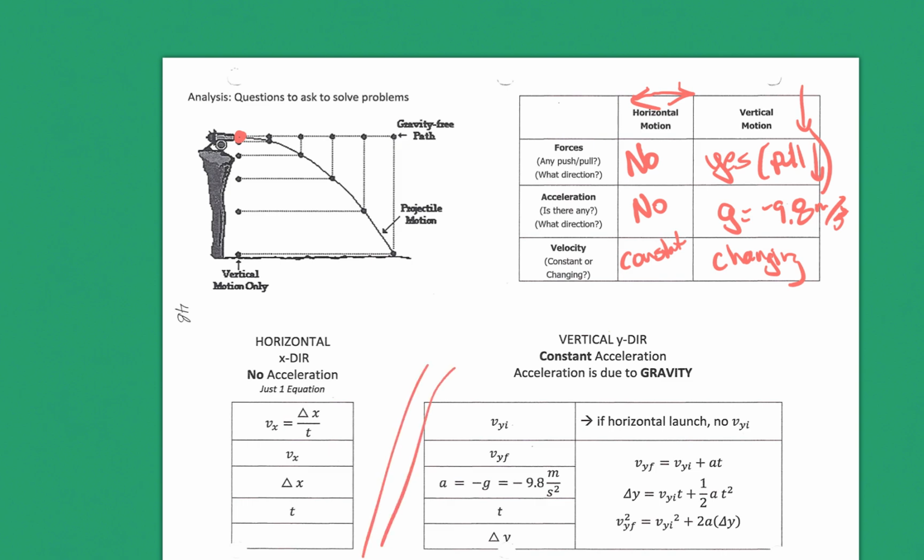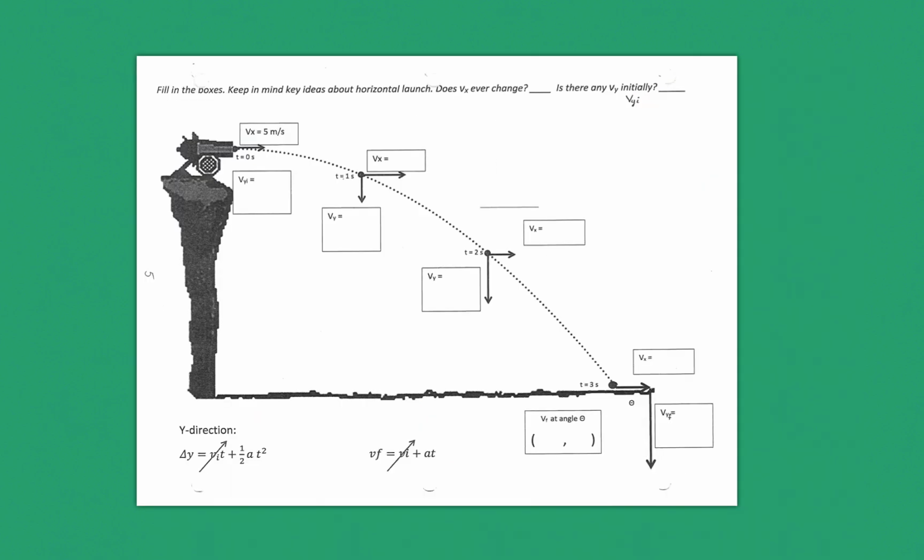We won't be doing problem solving, but you know how to read those variables. The last part of the conceptual quiz that you're going to encounter is to make sure you can really understand that Vx is constant.